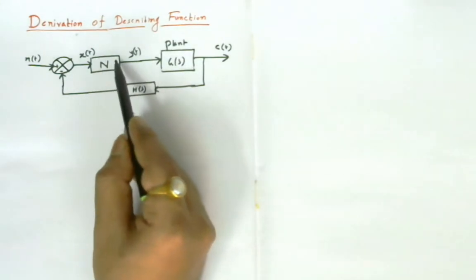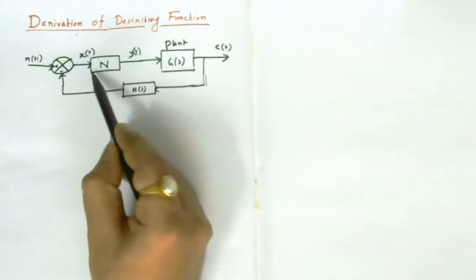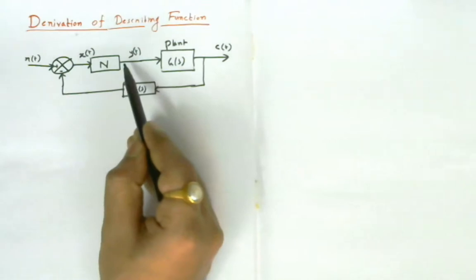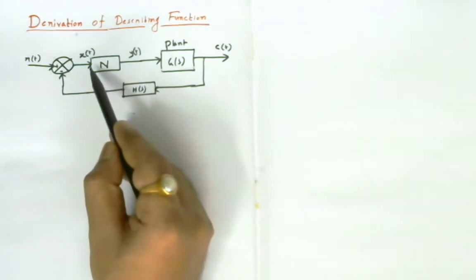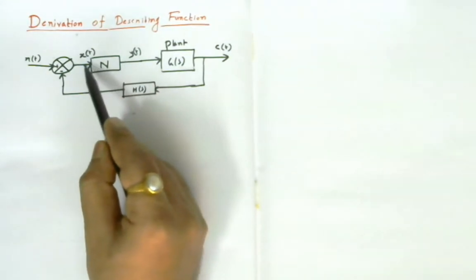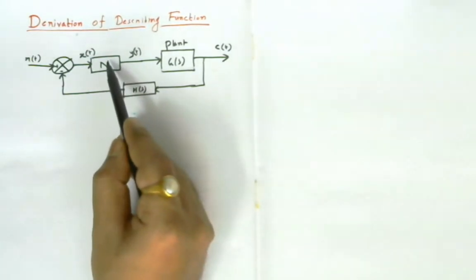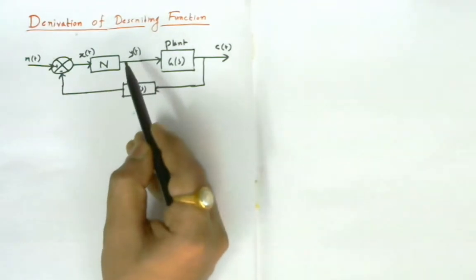And one thing you see is that for this N block, which is a nonlinear element, capital N is used to denote the describing function of a particular nonlinear element. There is an input applied to the nonlinear element, which is x(t), and the output of the nonlinear element is y(t).